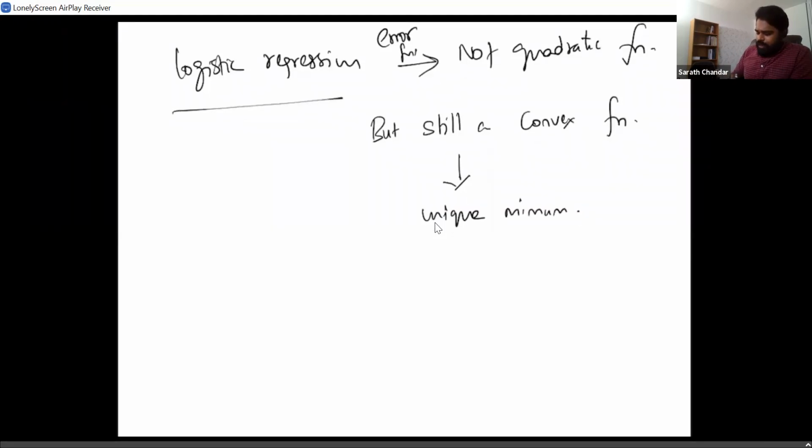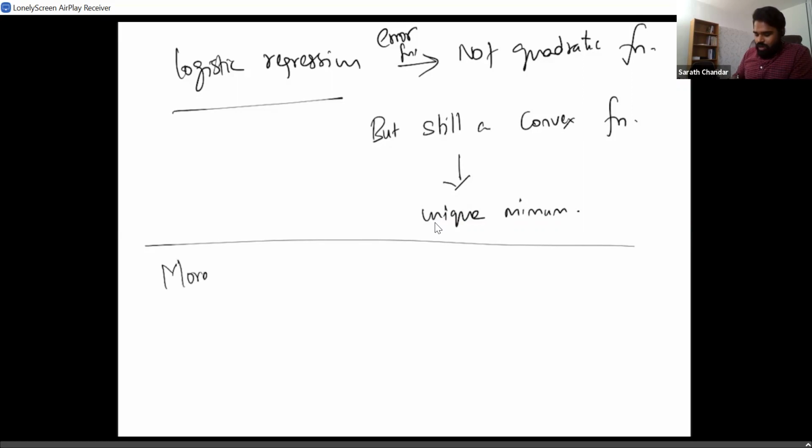Now, when we realize that this is a convex function with only one global minimum, there are many other algorithms than gradient descent which exist and are faster. For today's lecture, we're going to discuss one more algorithm besides gradient descent.